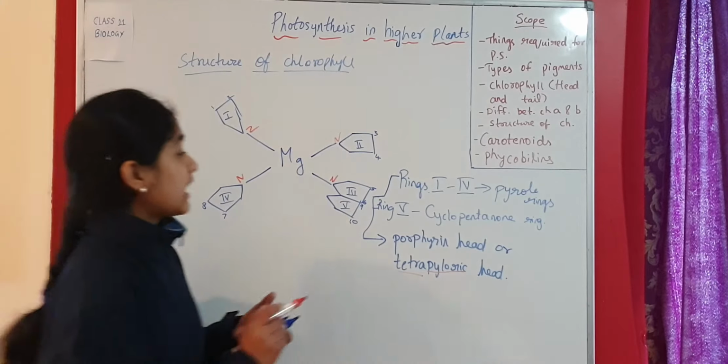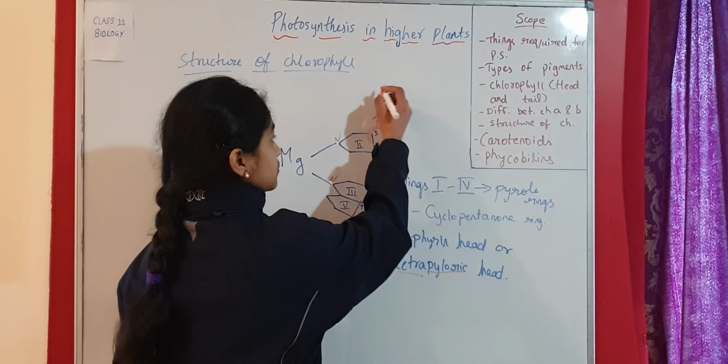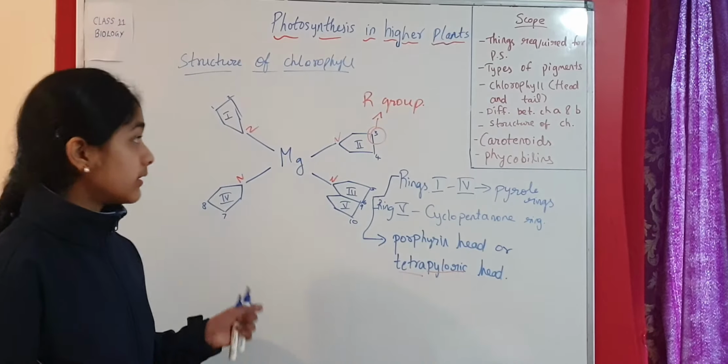Now, this carbon number 3 here is where the R functional group is present. So we have learned what is R group.